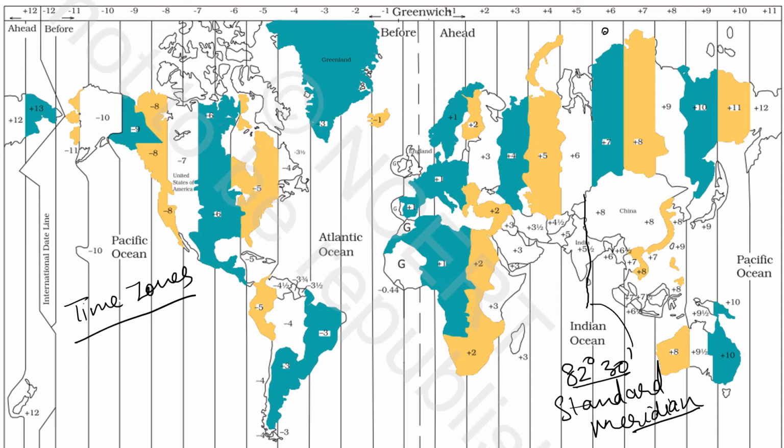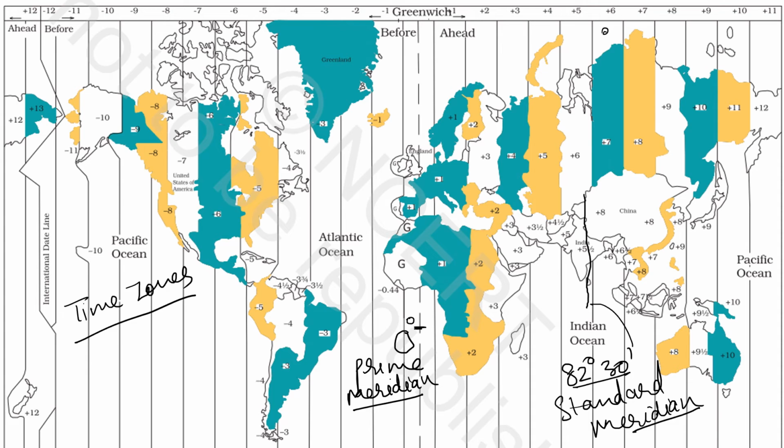This is the 0 degree Greenwich meridian, this dotted line, the prime meridian, and this is 82 degree 30 minutes, the standard meridian of India passing.